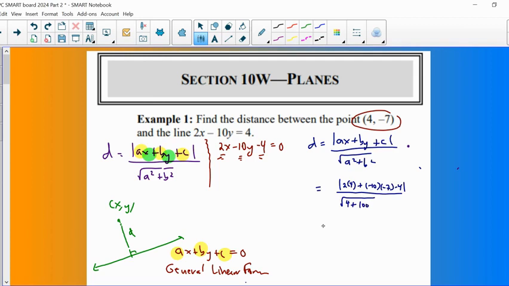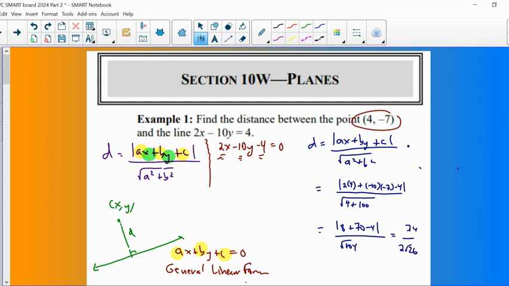Let's simplify that. Our absolute value gives us 8 plus 70 minus 4, all divided by the square root of 104. We get 74 in the numerator, which is already positive. And the square root of 104 is the square root of 4 times 26, so that's 2 root 26.